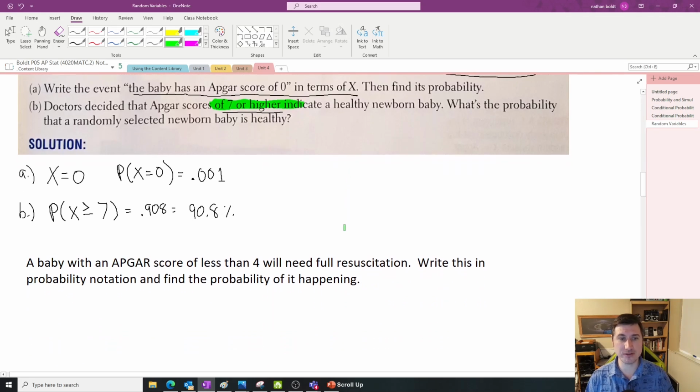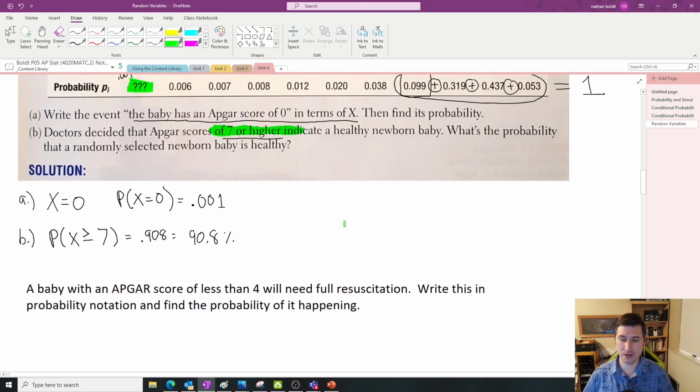And so you do have to sometimes pay close attention to wording like at most blank, or at least blank, or less than, or greater than. That can sometimes make it a little bit more difficult to figure out what probability you're doing, but you just need to read carefully, okay?